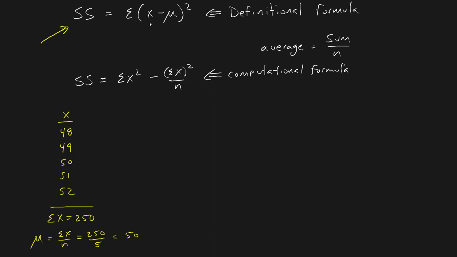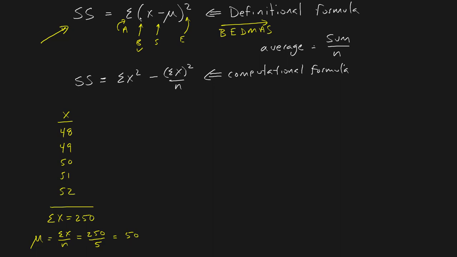If I want to show you the definitional formula, considering that I have addition, that's what a summation sign tells me to work with, I have brackets, I have subtraction, and I have an exponent. The first thing I need to do is deal with the brackets, because order of operations, or BEDMAS, tells me I start with brackets and work my way through exponents, division, then multiplication, then addition, and finally subtraction.